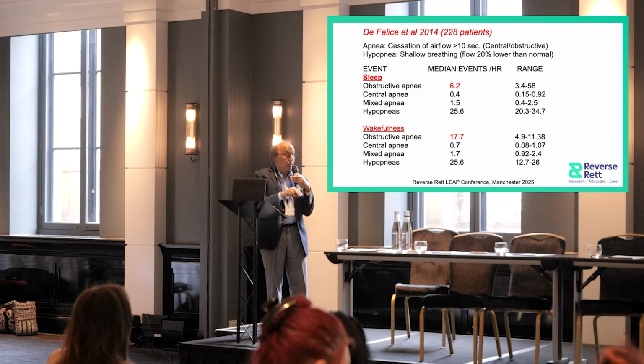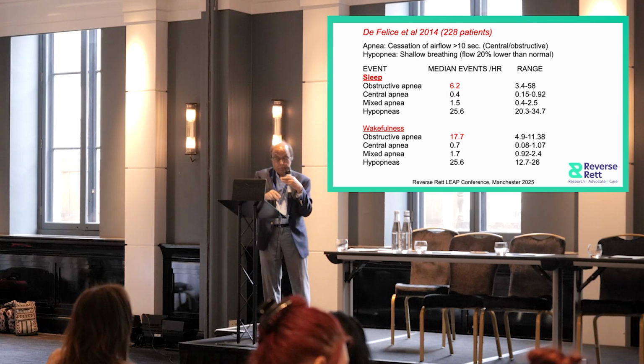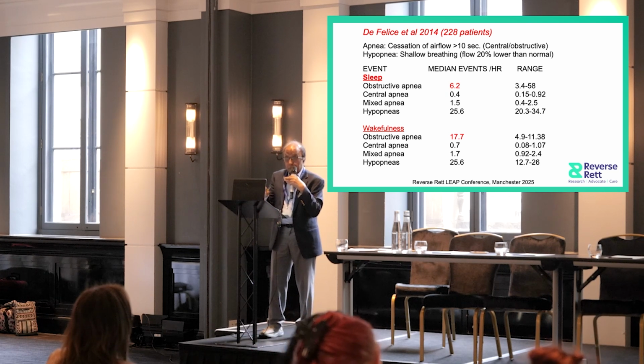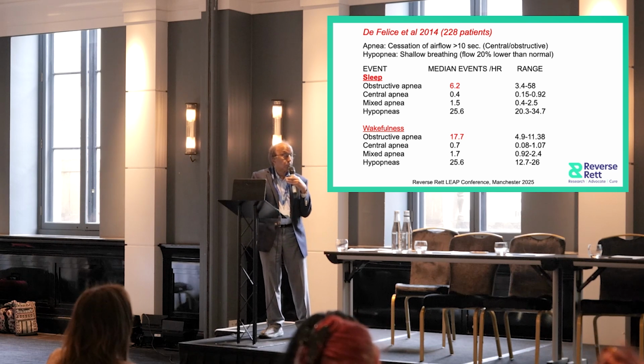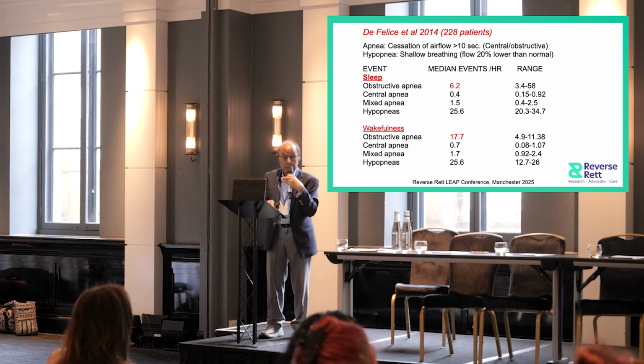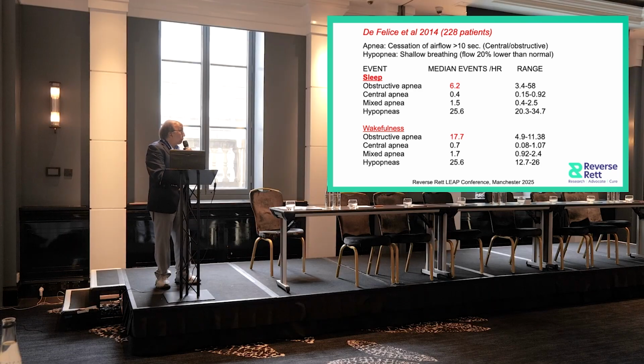So the AHI is a number of events per hour, and they saw the obstructive apnea during sleep was 6.2 AHI, versus in the wakefulness time it was virtually 3 times, 17.7 versus 6. And that is a very typical feature of Rett syndrome patients. And that has been seen by everybody else, actually, with some of the studies I'm going to show you in a second.